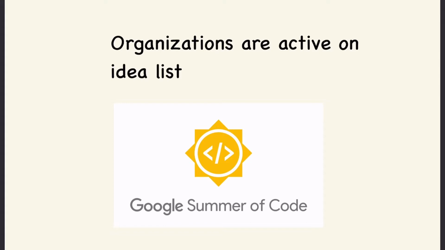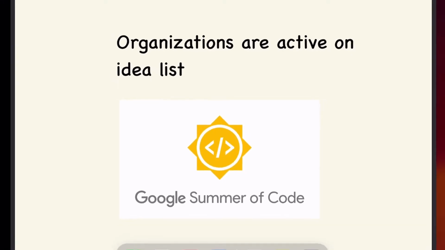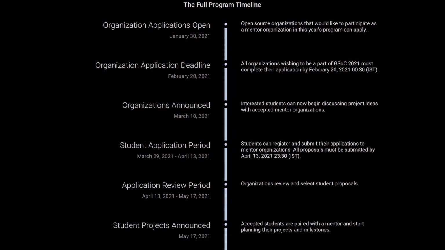So in this video I am talking about organizations that are active on their idea lists. As you can see from the timeline, the organization application period has already started, and organizations are actively checking for new mentors, a new to-do list for past project ideas, and new enhancements in the current projects. There is a lot of discussion going on in the GSoC mailing list as well.